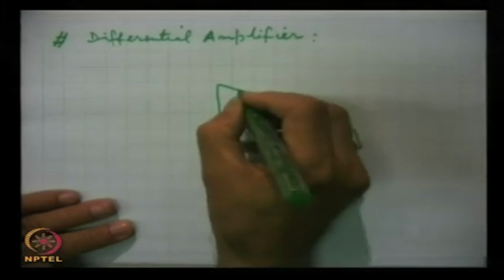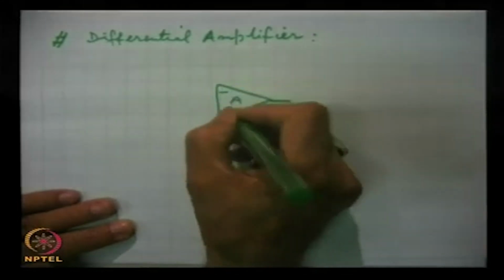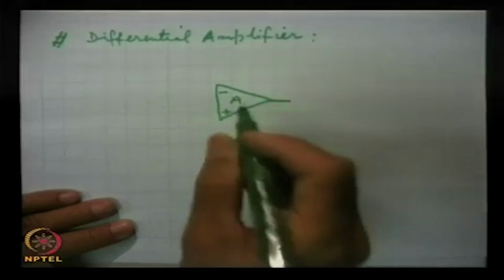Open loop gain is A, this is inverting and this is non-inverting input.